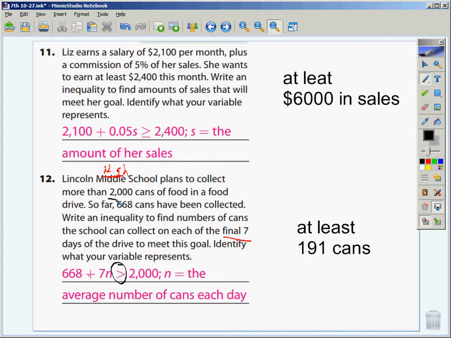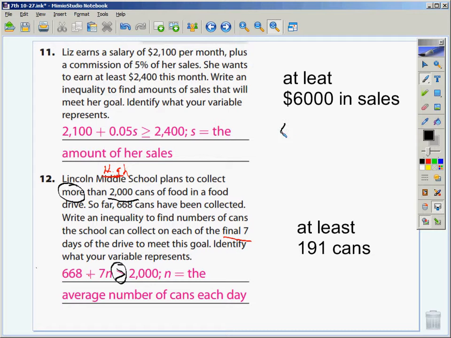Can it be equal to 2,000 this time? No. Because 2,000 isn't more than 2,000, right? So, since it needs to be more than, it can't be less than, this has to be the greater than symbol.